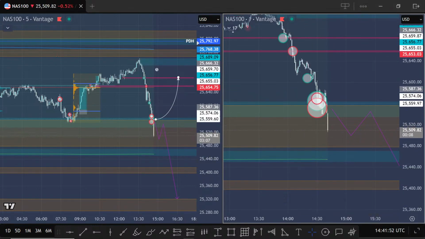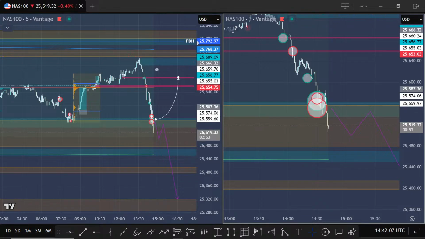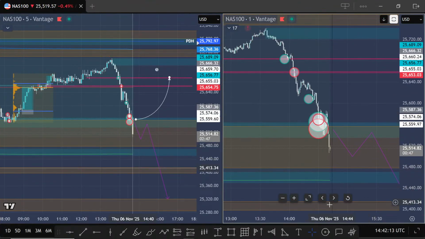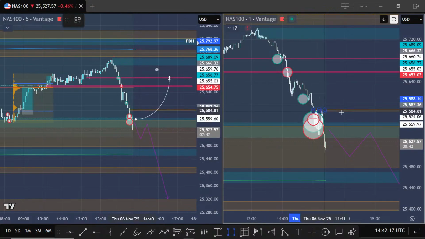And this move here is also, if it's confirmed, then it's not. We want to see that it's not just a wick and then a pop back up, which it could well be.